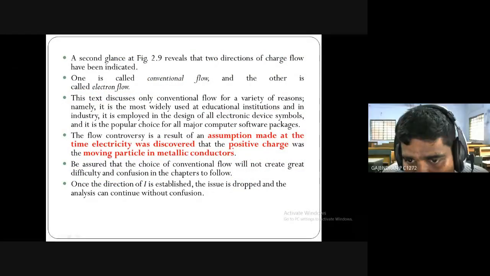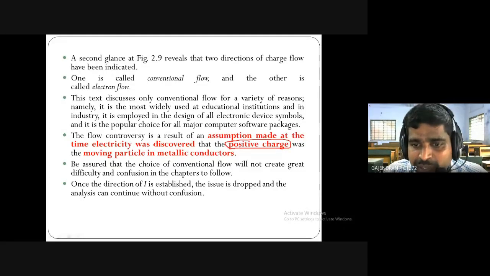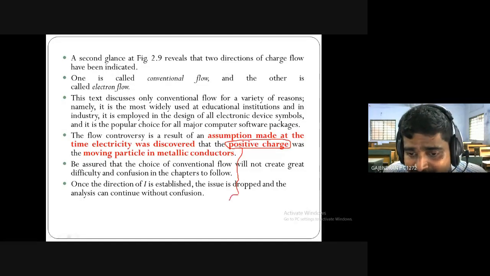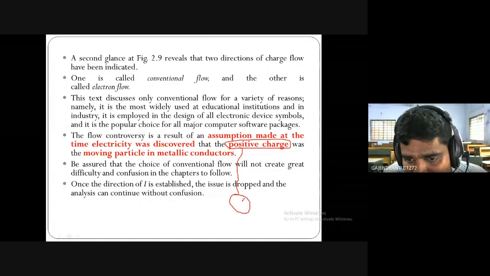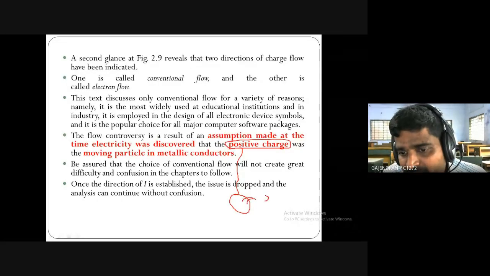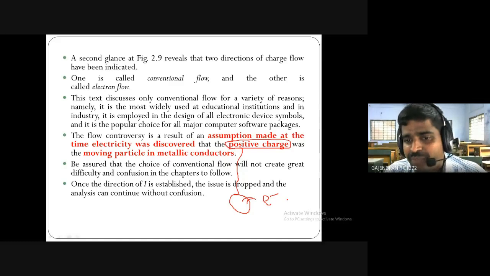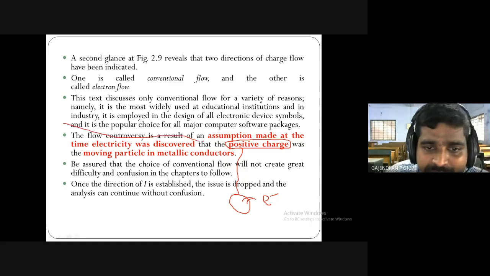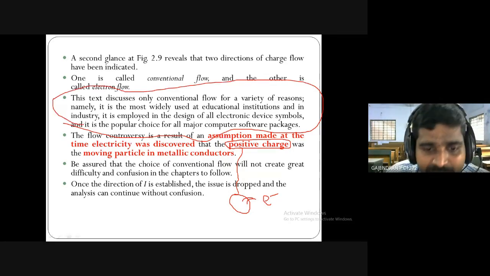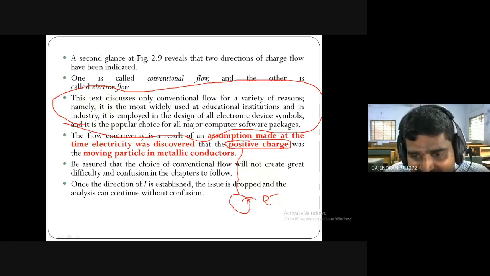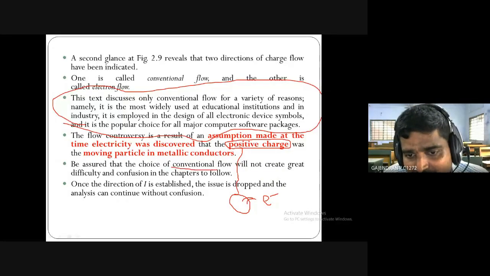In olden days they thought that positive charges were moving, but once they started semiconductor electronics and semiconductor physics, they found that electrons are moving, but they didn't want to disturb the previous structure. Therefore they left that and continued using the conventional current flow.